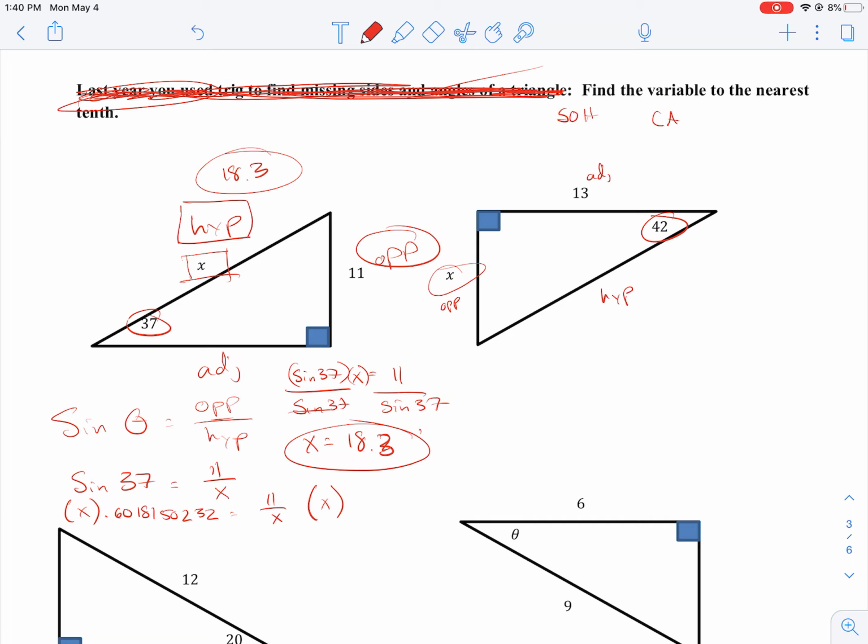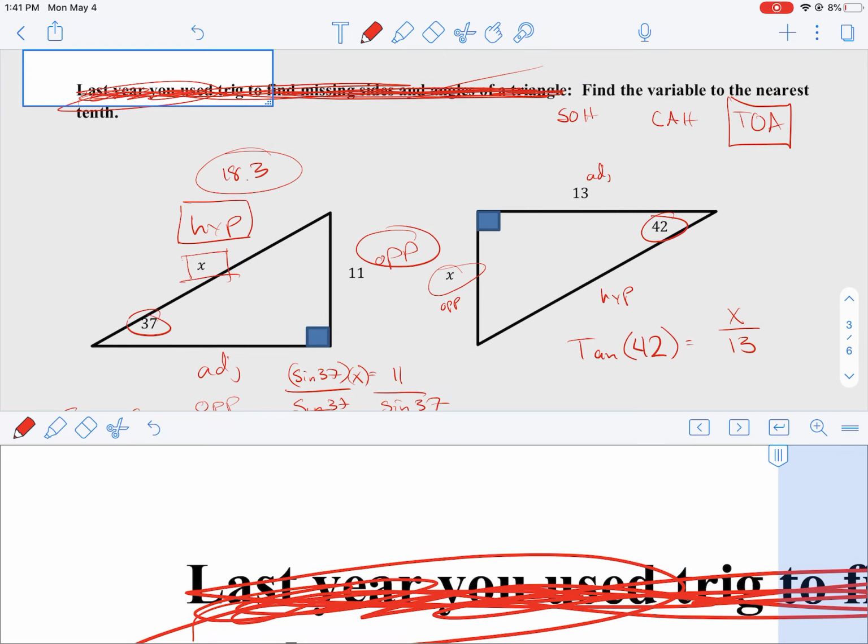So TOA involves opposite and adjacent. Oh, that's tan. Okay, so they give us our degree measure. So the tan of 42 is equal to x over 13. Okay? And so our last part here is we're just going to go tan 42. You should get some number there.